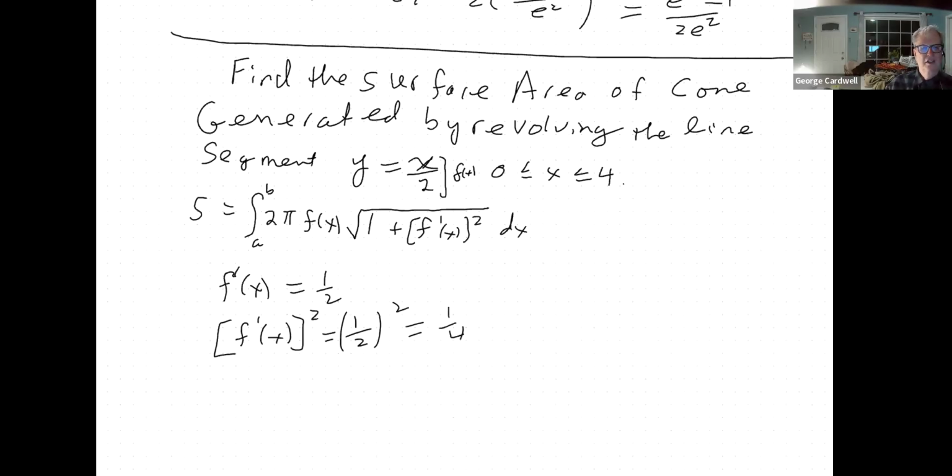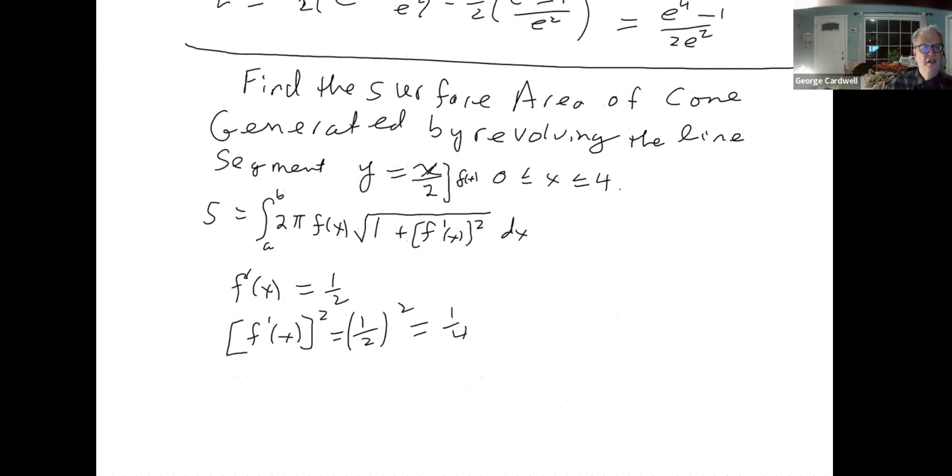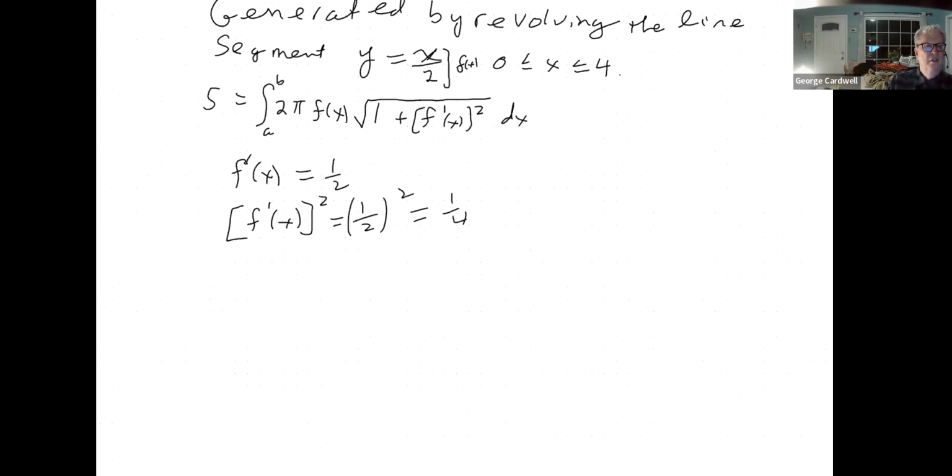It then says I got to add 1 to it, which equals 1 plus 1/4, which equals 5 over 4.